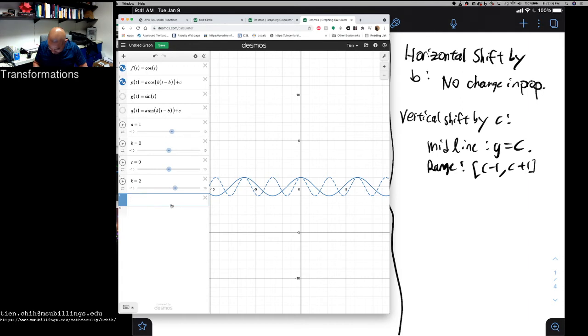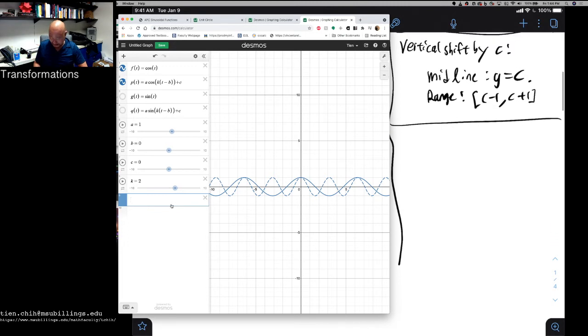So now we're looking at horizontal stretch by k.